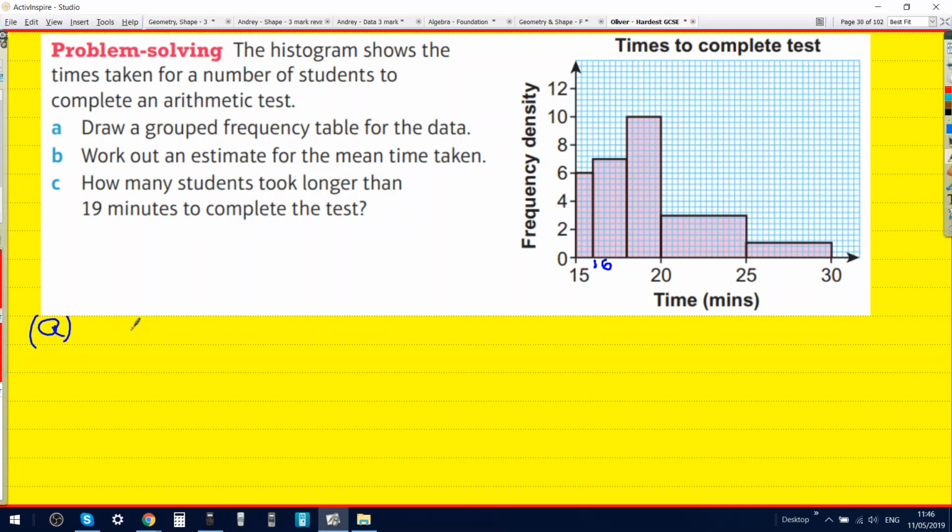So I think you would do something like, so how would time work? Let's say 15. So it's between 15 and 16, like that. And frequency is 6. Okay, what's next?